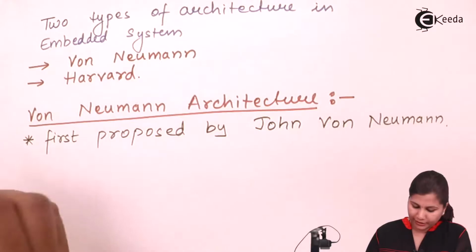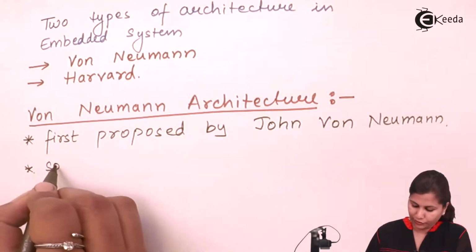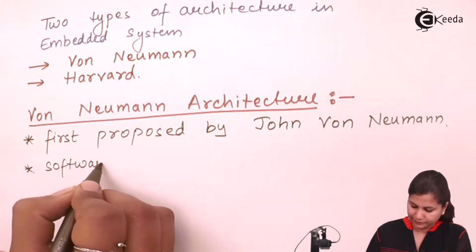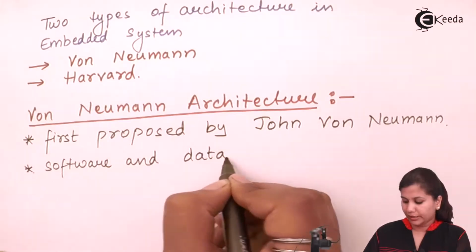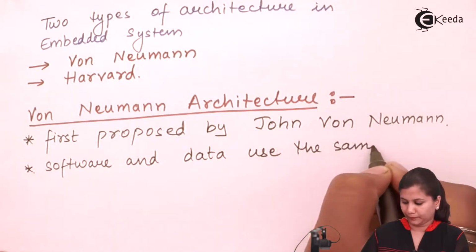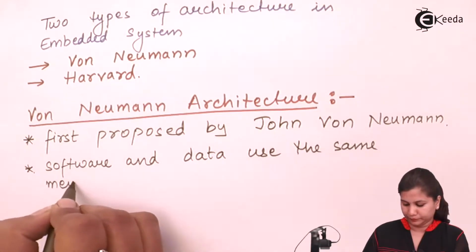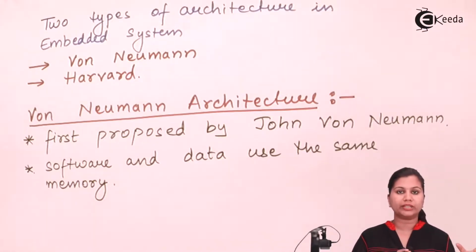Now, the main feature of this architecture is that the software and data use the same memory. We know that the memory is used to store the data and the programs and instructions of the processor.